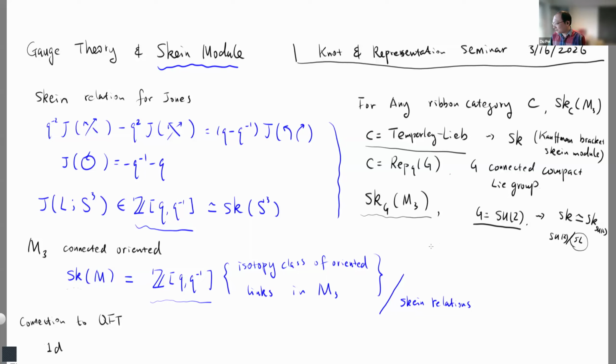But in this talk, we are going to work with the field of fractions. So these are rational functions in q with rational coefficients. Then this would be a vector space. So alternatively, this is the same as working with generic q.